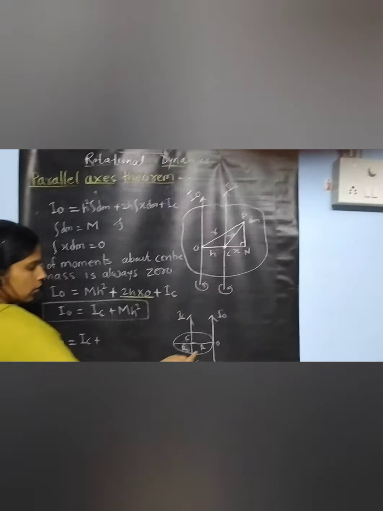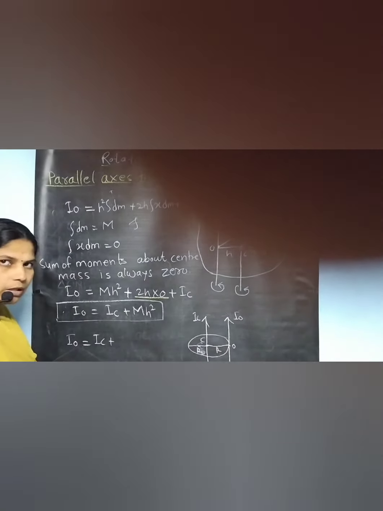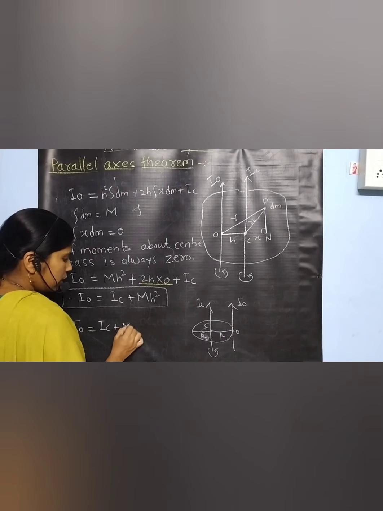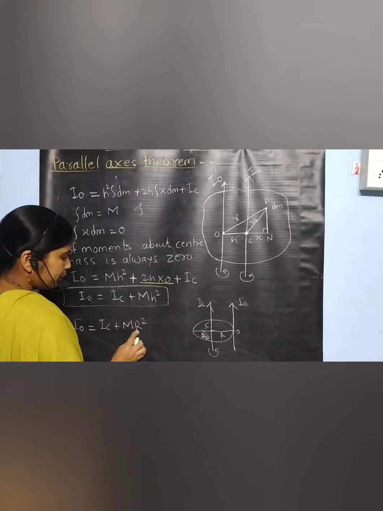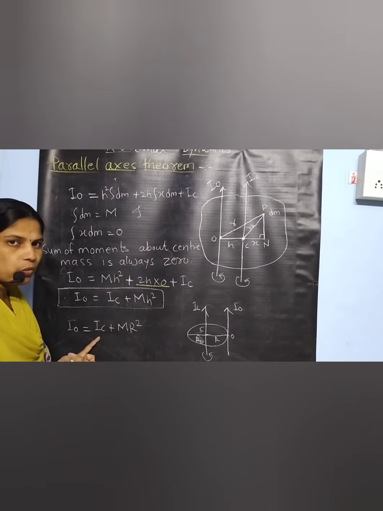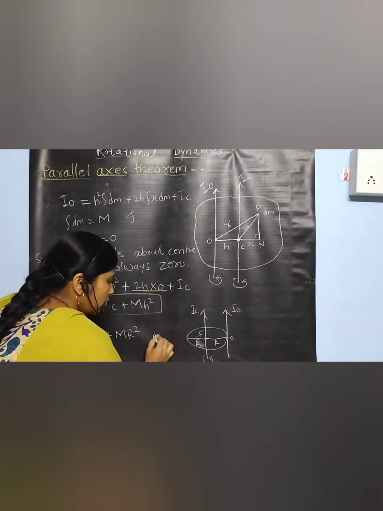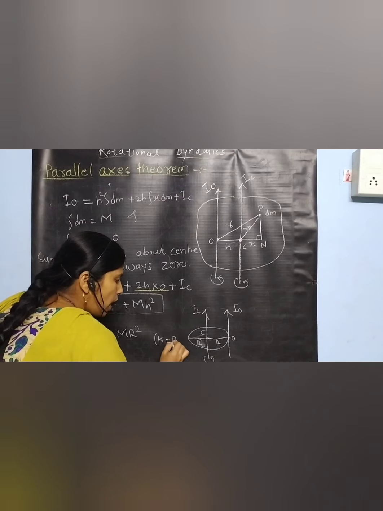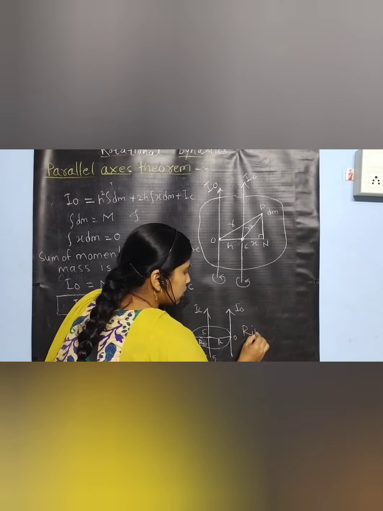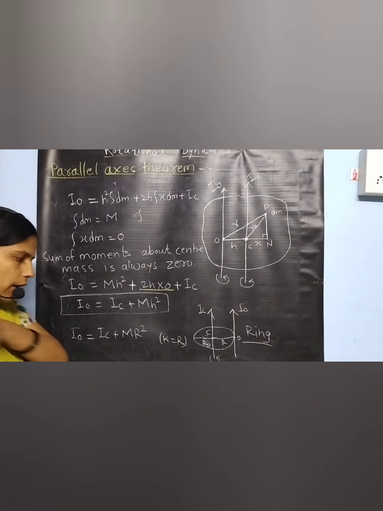If we consider the mass of the ring as capital M and this perpendicular distance as R, then we get MR square, where IC is equal to Mk square, where k is the radius of gyration. For this ring, k is equal to R.